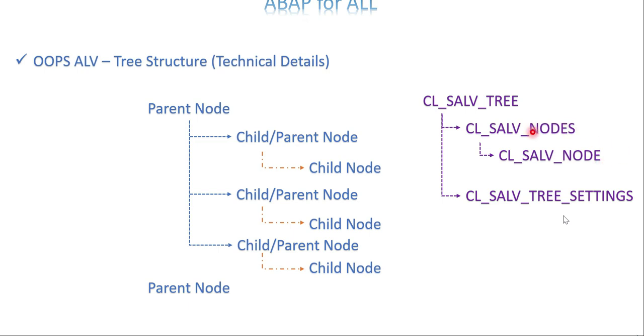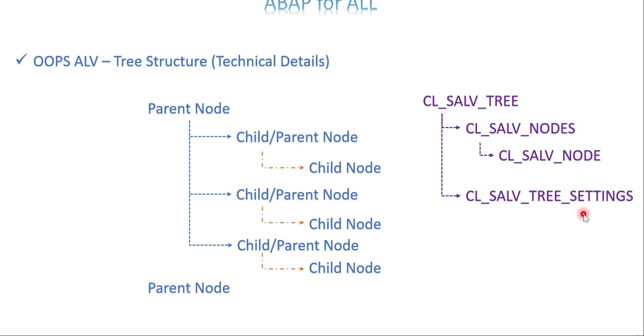Okay, so further we have to use a class called SALV node. And another one is CL_SALV_TREE_SETTINGS. Probably we are going to use this tree settings for the header in this session. What is the heading, the entire structure or entire output page, what is the page heading?